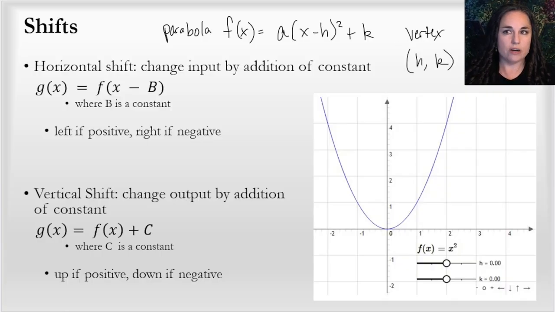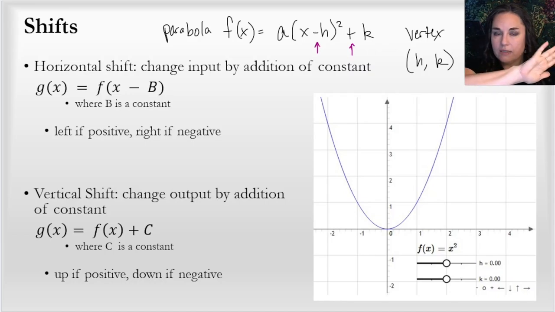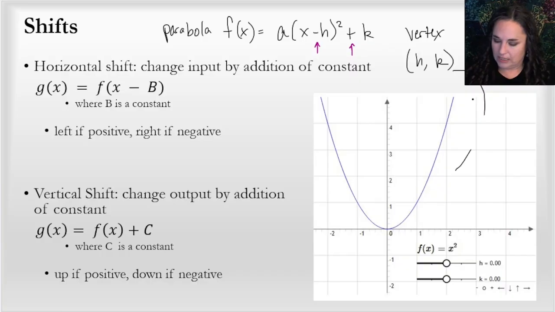And notice, very importantly, when we learn this material, there's a negative sign here and a positive sign there. Those are very important because that means I shift left or right. A negative sign is different, or I shift up or down. A negative sign will make the difference. So you may see a problem like this in your work. That's what they're referring to: h and k is the vertex of the parabola.